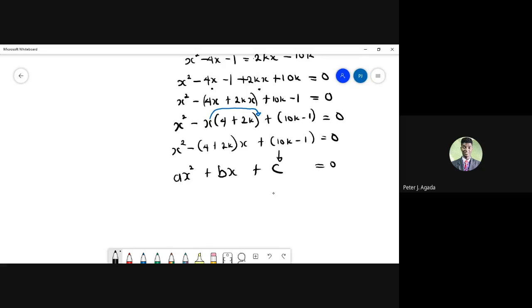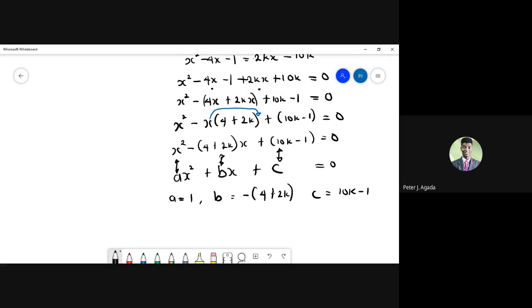As you can see here, I know the value of my c, my b, and my a. So I'll just go ahead and write it. My a is 1, x squared has a coefficient of 1. And then my b has a coefficient of negative 4 plus 2k. And then my c is equal to my 10k minus 1.